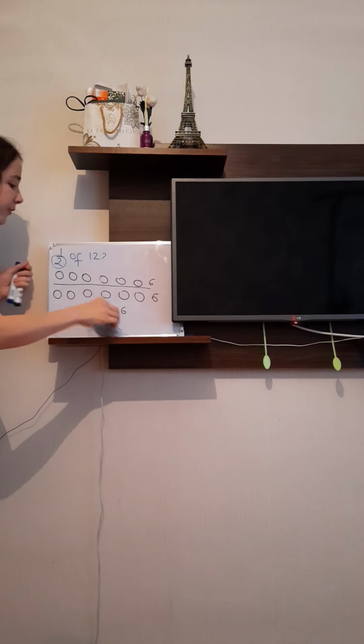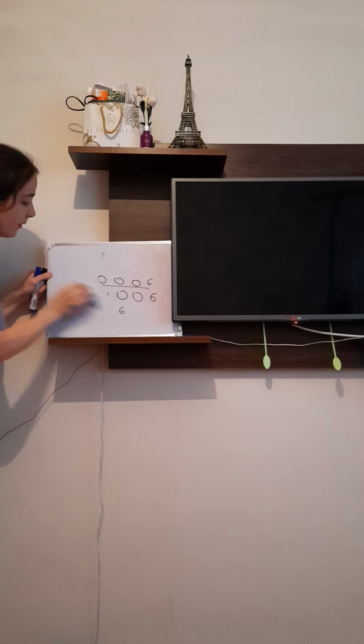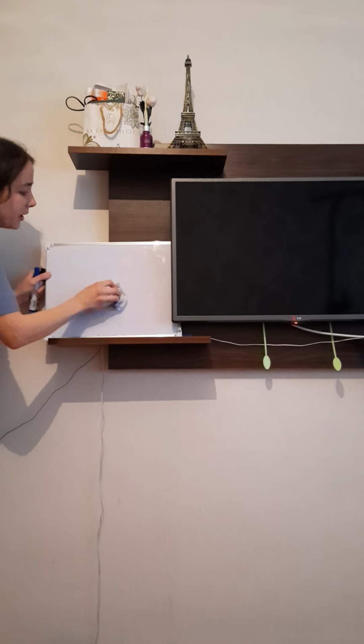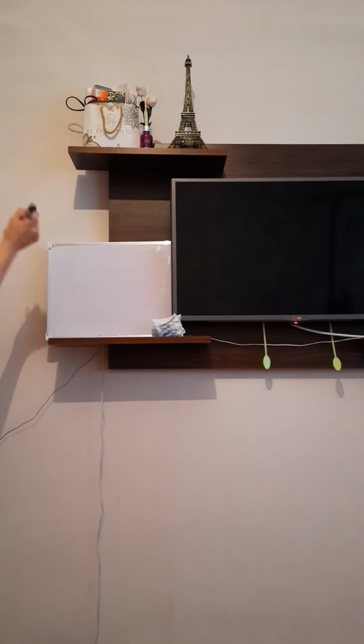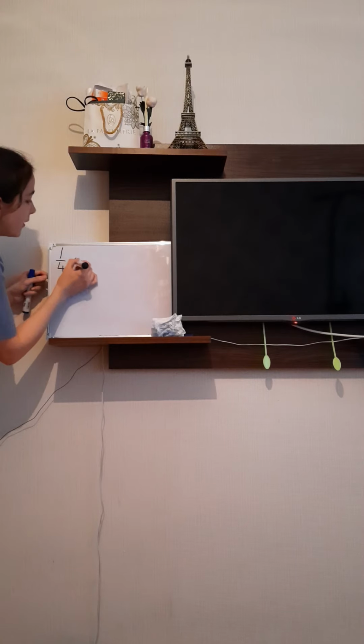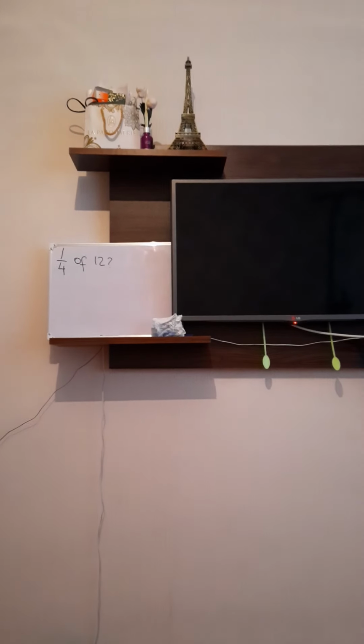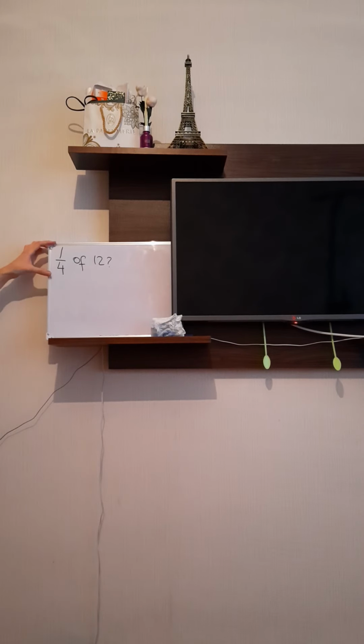Okay, how can we find the quarters? What does quarter mean? Quarter means 1 out of 4 of something. 1 quarter is 1 out of 4. How can we find 1 out of 4 of 12? When we are finding the 1 out of 2 part of 12, we divide by 2.